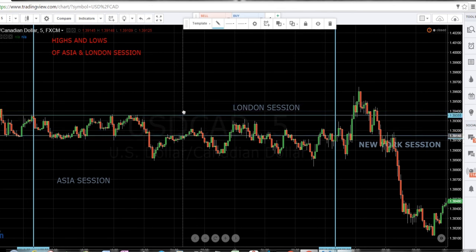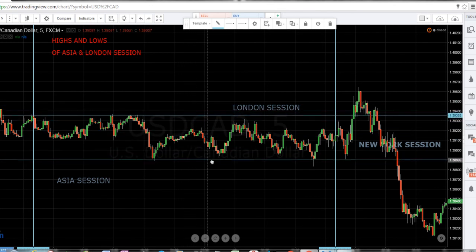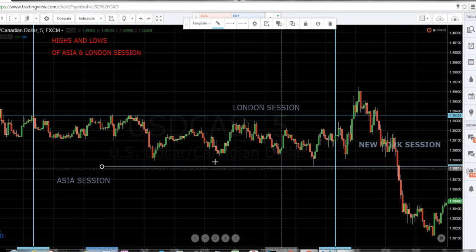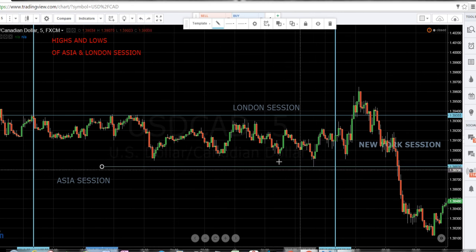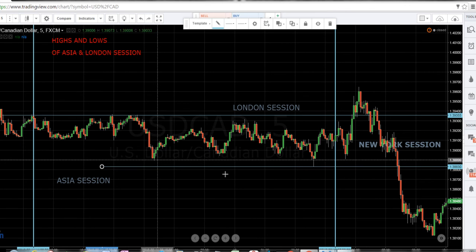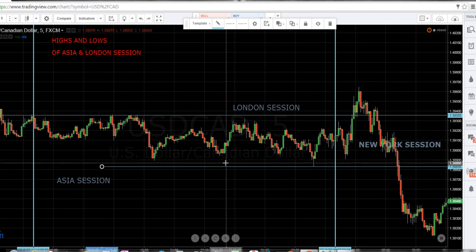And now I'm going to copy that horizontal line, paste it, and draw the lowest low. So this right here is the lowest low for the session. So this is the highest high and the lowest low. This low is lower than this low. We all agree on that, right?